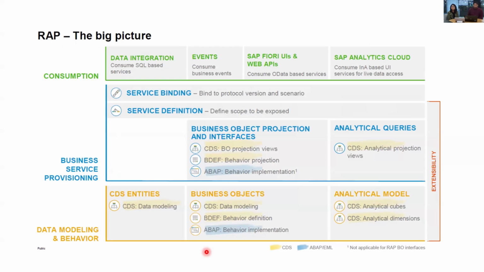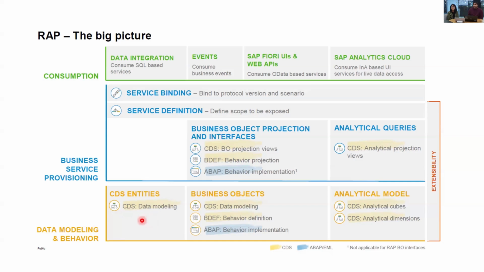In the RAP overview, we have data modeling and behavior, business services provisioning, and consumption. So you have three layers. When we go from bottom to top and build any RAP BO, for example, we will show you a RAP BO developed for a streaming-based application, a small POC which we have developed.